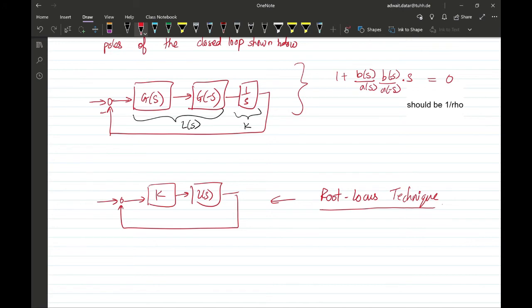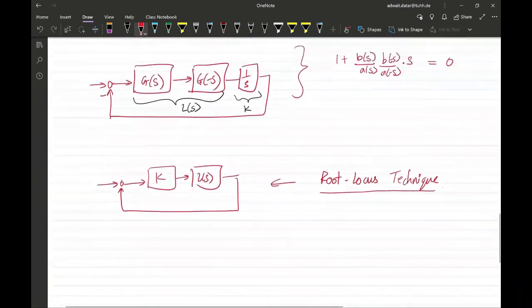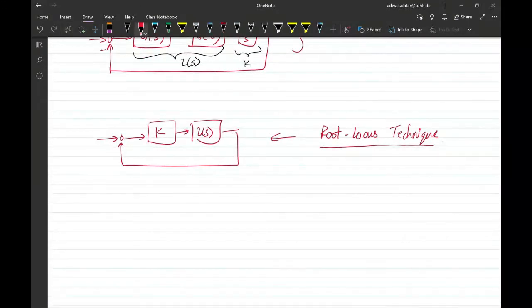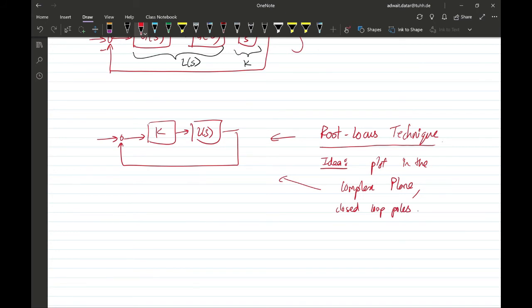So the basic idea is that we plot in the complex plane the closed loop poles of this block diagram. And the tool that you will use for this is called rltool in MATLAB.